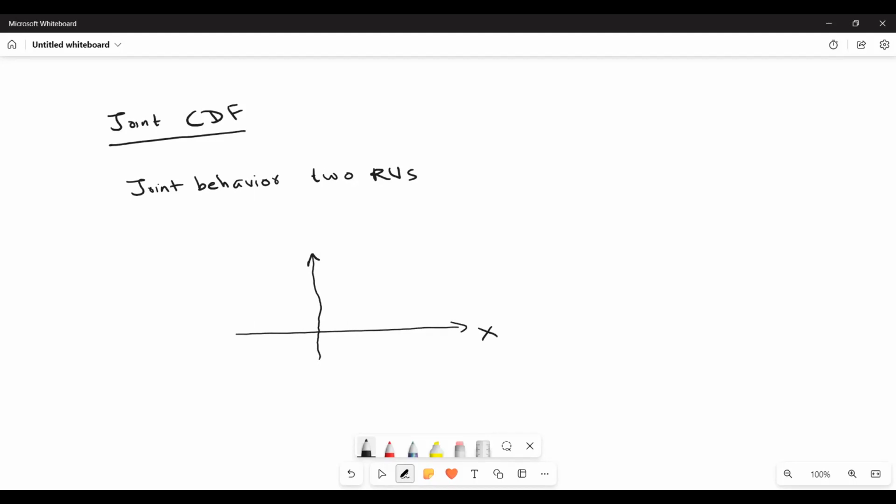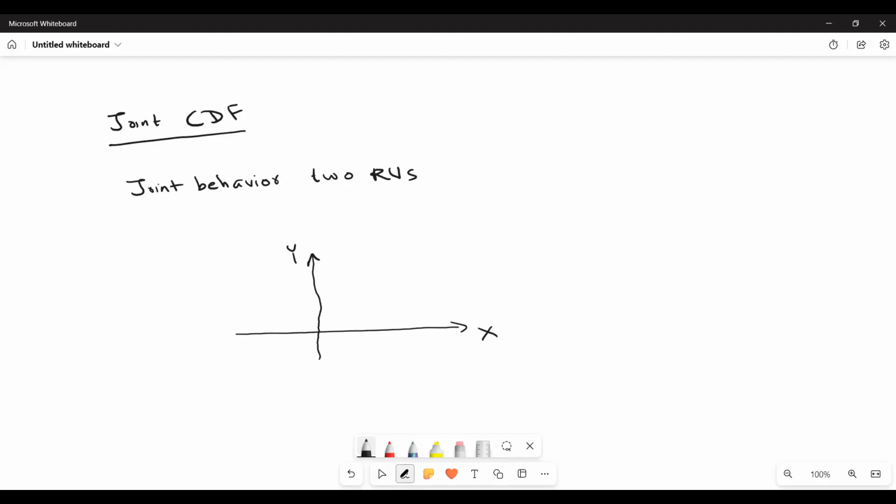So let's say the random variables are X and Y. We can draw the joint distribution function, the probability behavior.